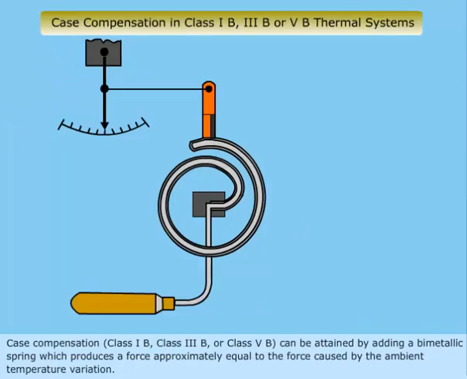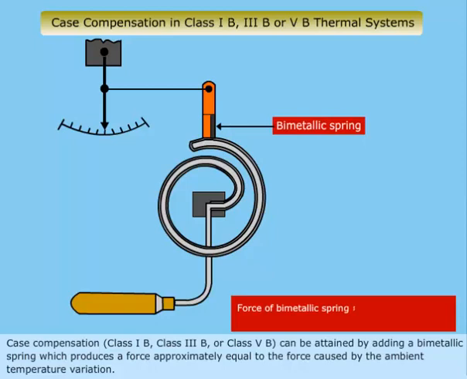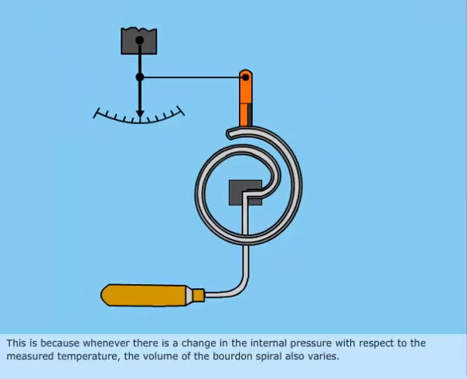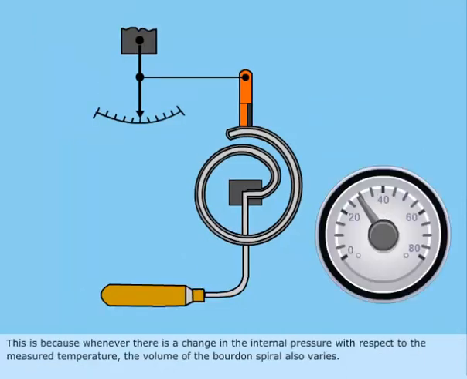Case compensation, Class 1B, Class 3B, or Class 5B can be attained by adding a bimetallic spring which produces a force approximately equal to the force caused by the ambient temperature variation. This is because whenever there is a change in the internal pressure with respect to the measured temperature, the volume of the burden spiral also varies.